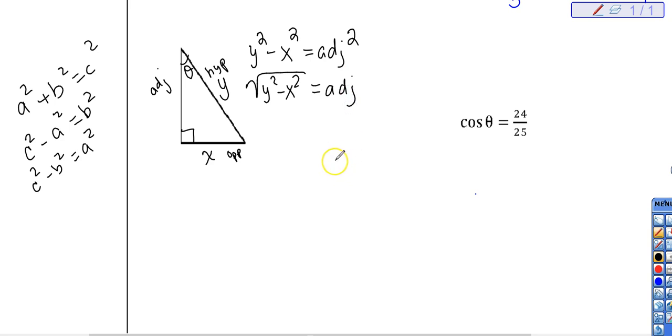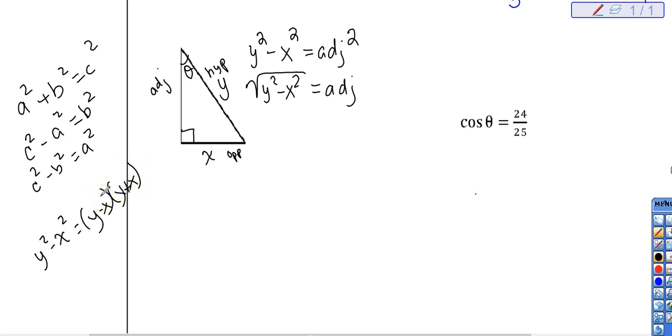And some of you have a really bad habit of thinking that this is y minus x. It isn't. Remember that this is the difference of squares. So I come over here, and y squared minus x squared is equivalent to y minus x times y plus x. Those are not duplicates of each other.